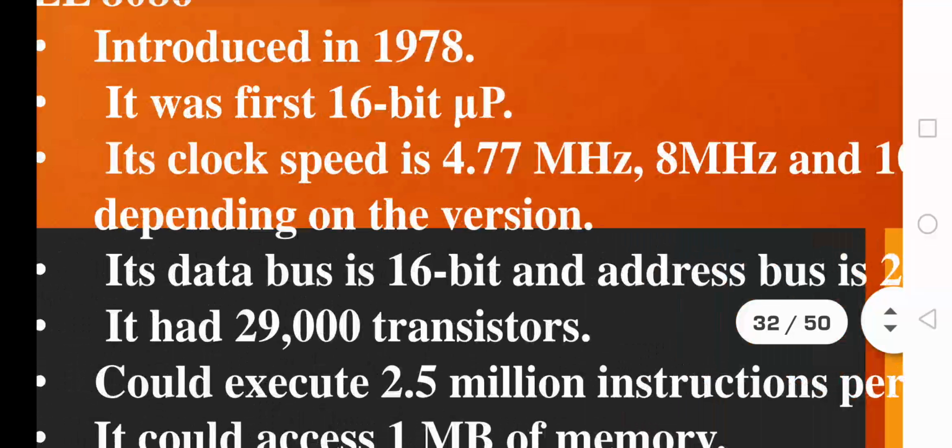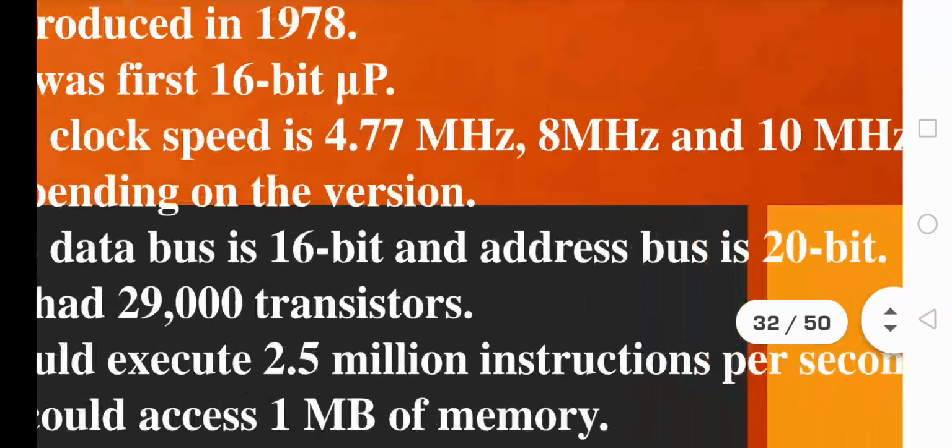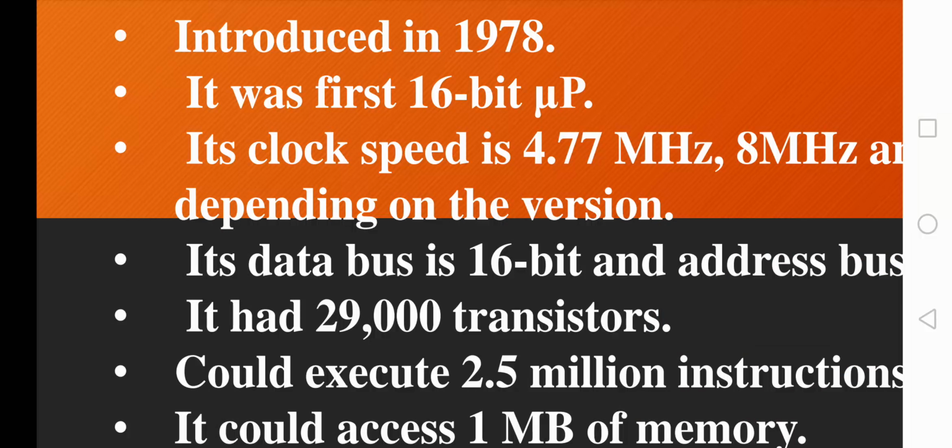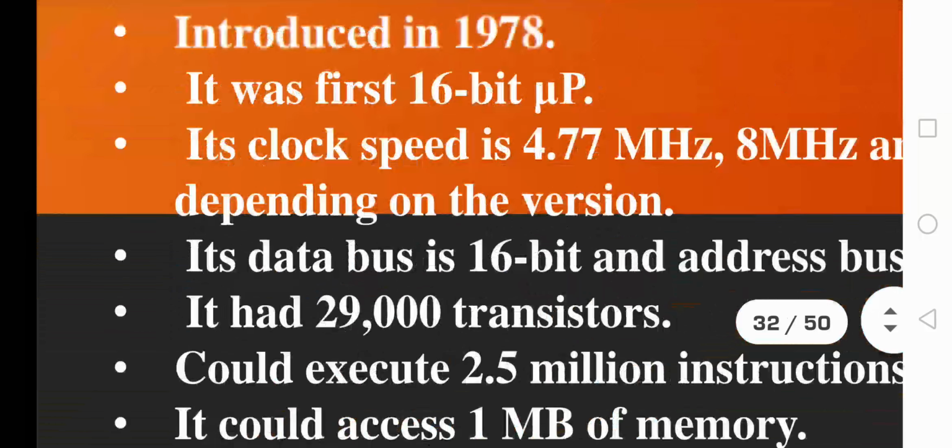That is, there were three internal clocks available for the normal functioning of the processor. So one clock was 4.77 megahertz, the second 8 megahertz, and the third one was 10 megahertz, depending upon the version. The 8086 existed in various versions.